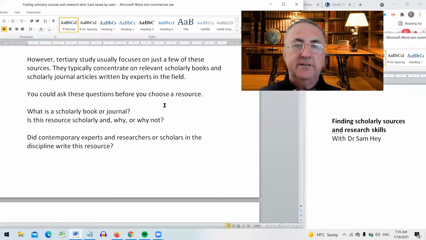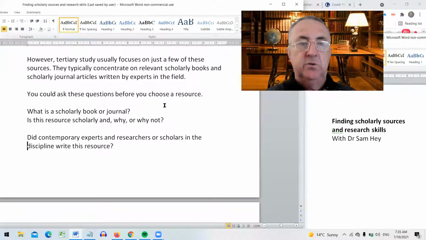In scholarly writing, they're seeking a deeper scholarly engagement with the material through engaging with a large number of scholars. In tertiary study, we focus on just a few sources: scholarly books and scholarly journal articles written by experts in the field or discipline.